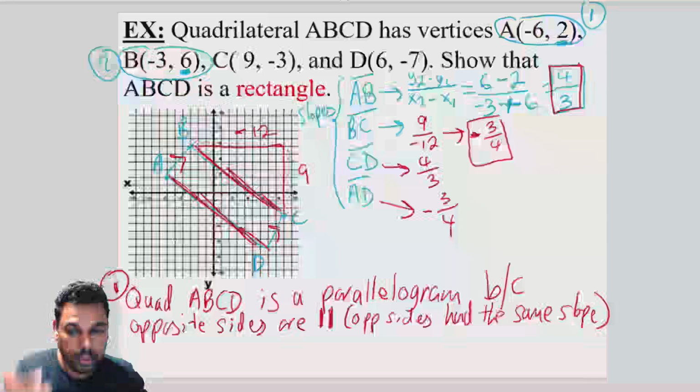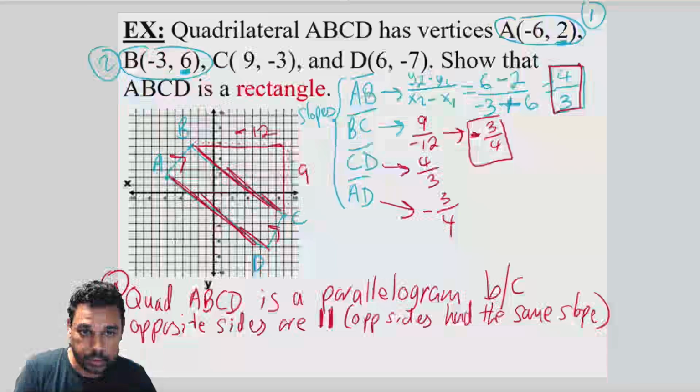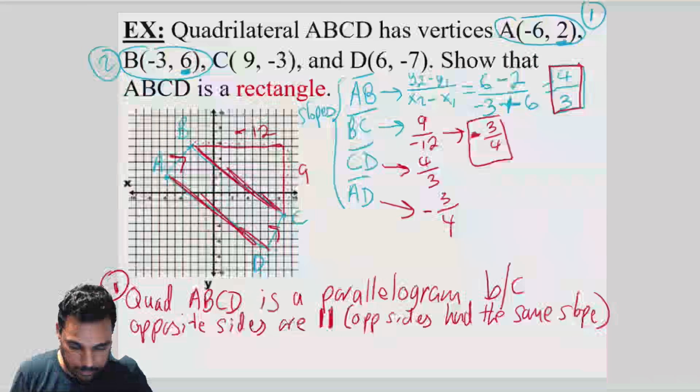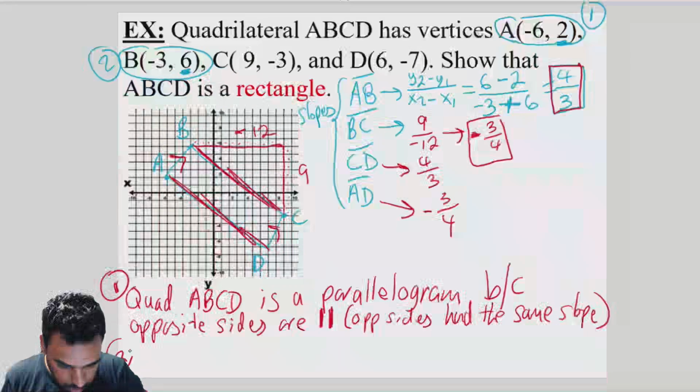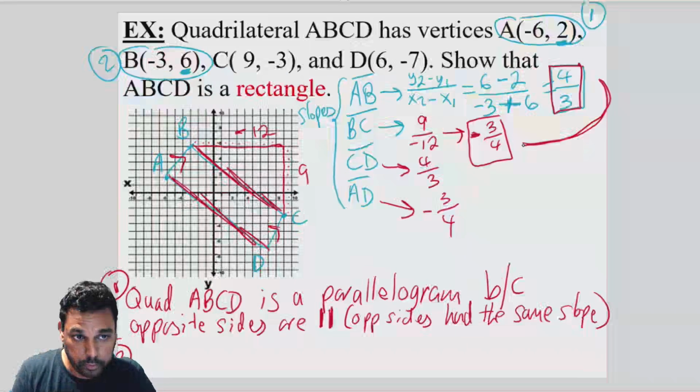After we have declared that this shape is a parallelogram, now we could go down that parallelogram tree. What kind of parallelogram is it? Well, I could tell that these sides over here are negative reciprocal slopes, right? One is 4 over 3, the other one is flipped, and the sign change. So that's what we call negative reciprocal.